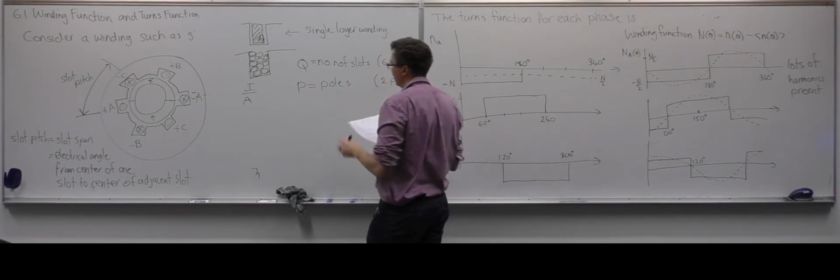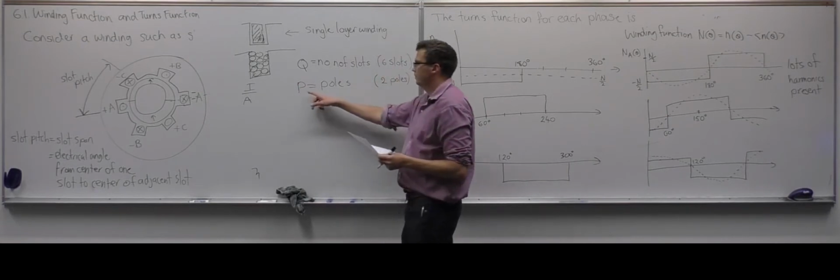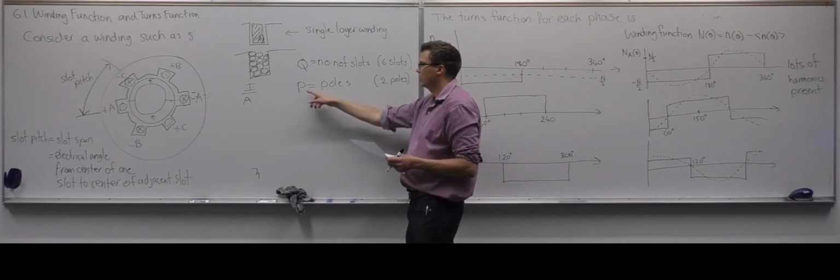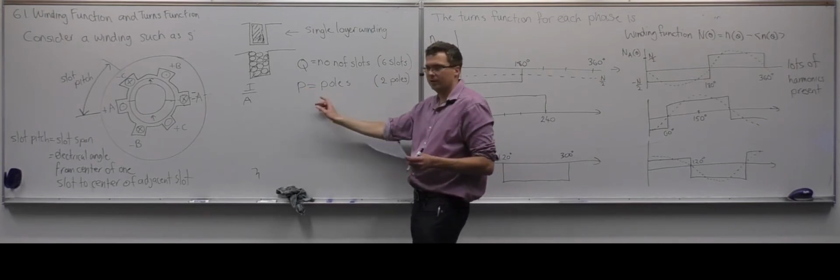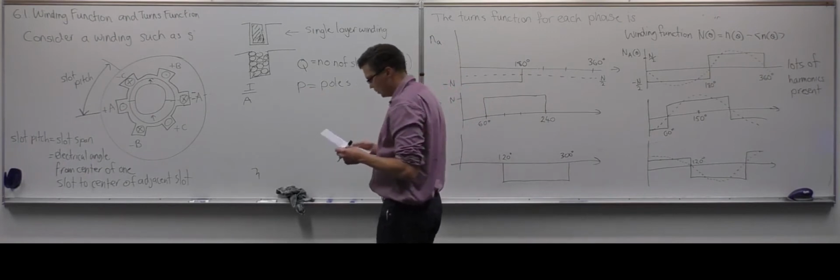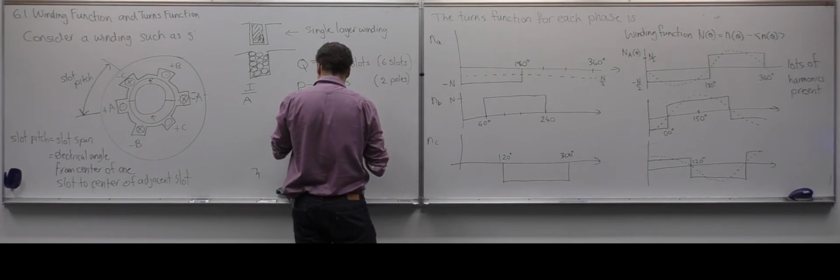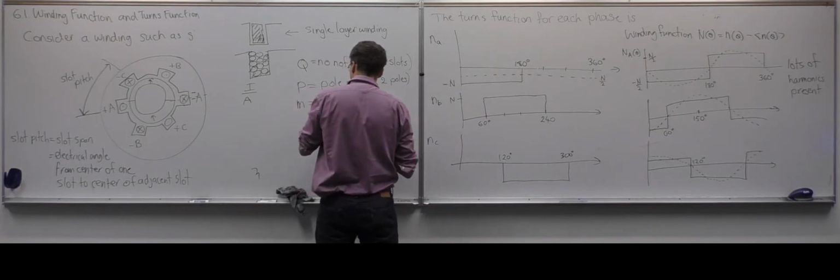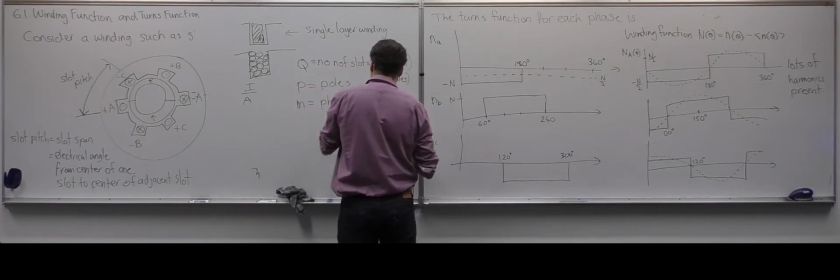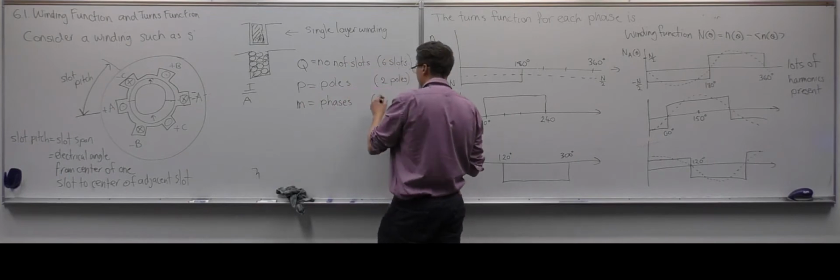In other textbooks and classes, P is pole pairs. In this discussion here, it's poles. I'll try to not say pole pairs. And then M is the number of phases. In this class, it's just going to be 3 phases.